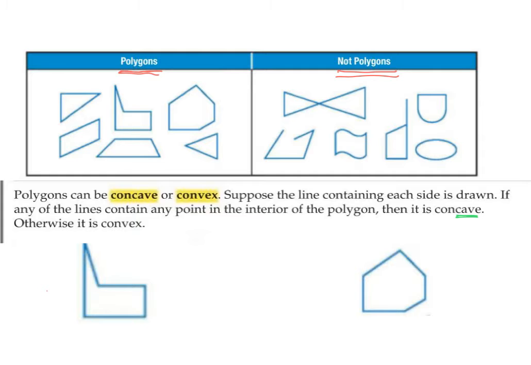So if I look at the image on the left, this point would technically be inside the polygon. So this would be considered concave. However, on the right, in all of the images, there is no point, no vertex that is inside the image, so it would be considered convex.